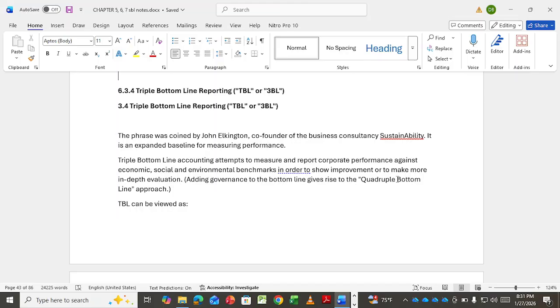Its main focus is reporting or measuring the social, that is 1, the economic, that is 2, and the environmental benchmarks, as it is trying to report its improvement or more in-depth evaluation.